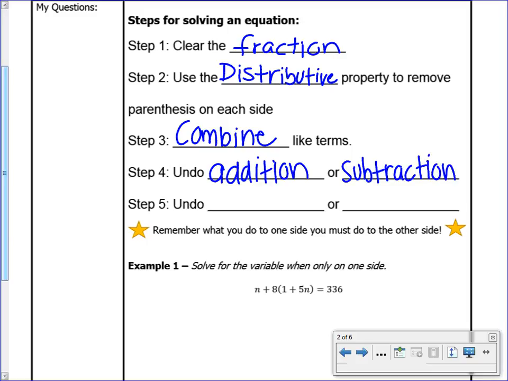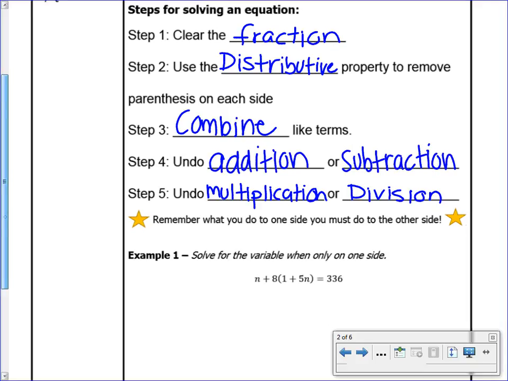And step 5 is to undo the multiplication or division. And most of the time for step 5, we're undoing the division. Remember, what you do to one side, you must do to your other side of your equal sign.